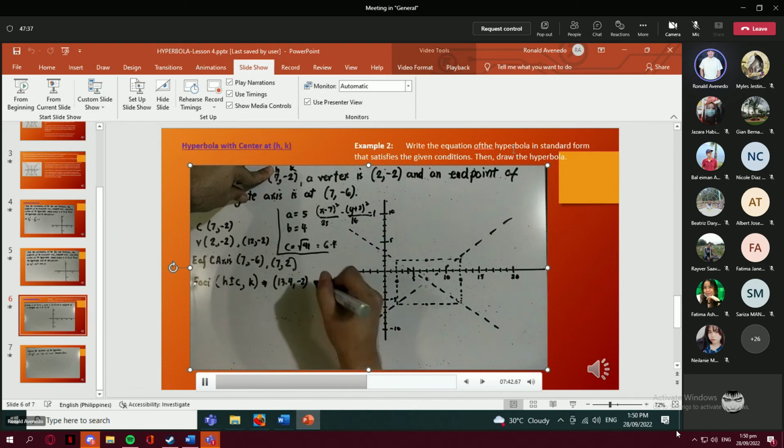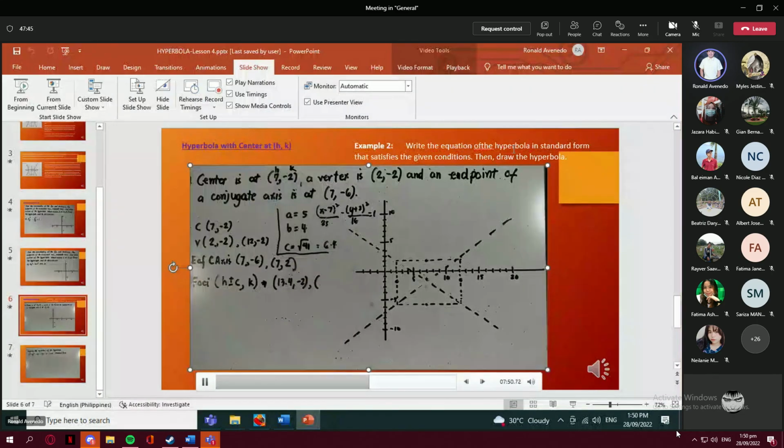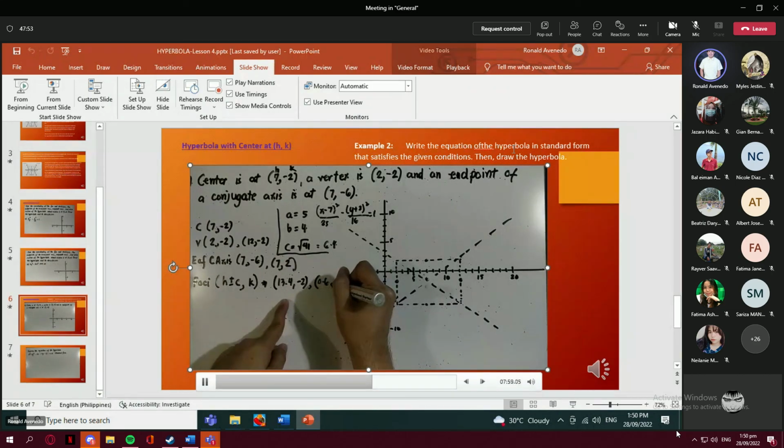The other focus is H, 7 minus 6.4, is 0.6. Then K is negative 2.